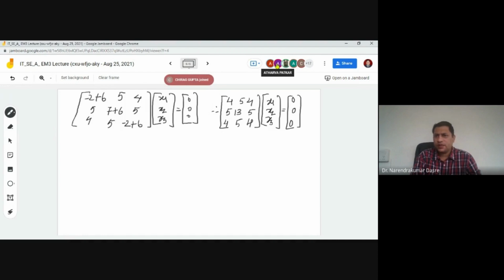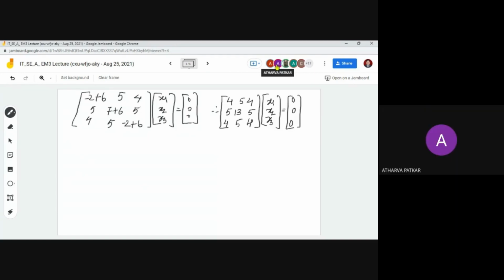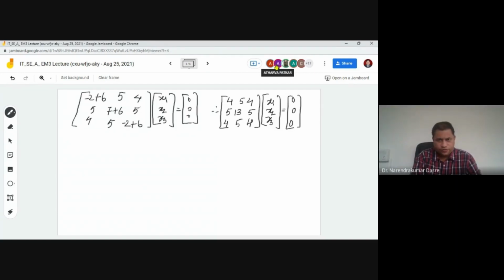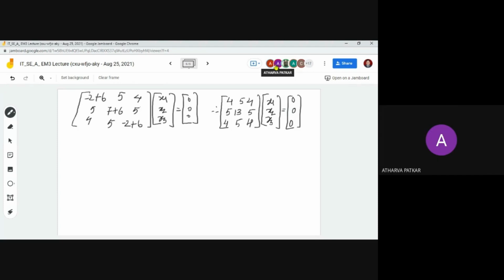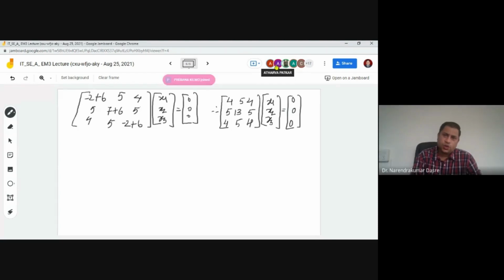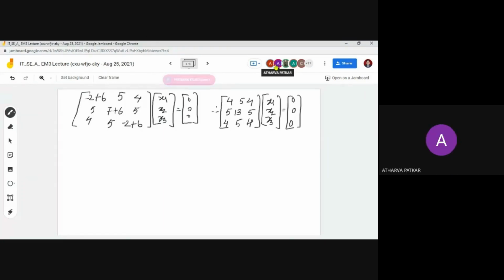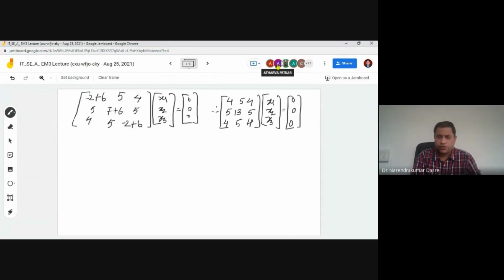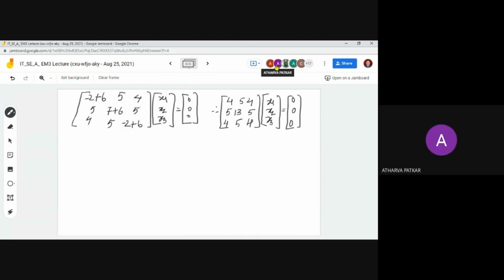Now, Atharva, how many distinct equations do we have? Sir, 2. How many distinct equations do we have? 2. Yes. So can we apply Cramer's rule? Yes, sir. Which two equations do you want to consider? First and second.